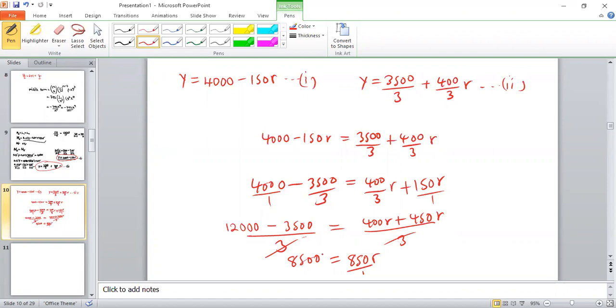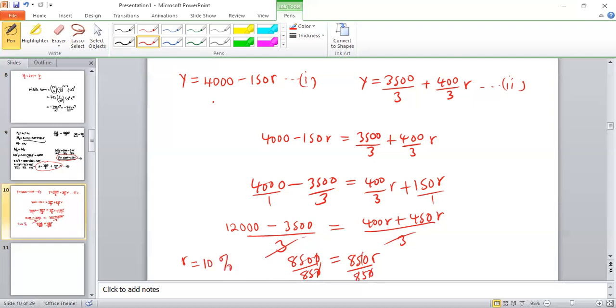Then we divide by 850. So hara is equal to 85 divided by 850. That will give us what? 10. Yes. So the rate is 10%.